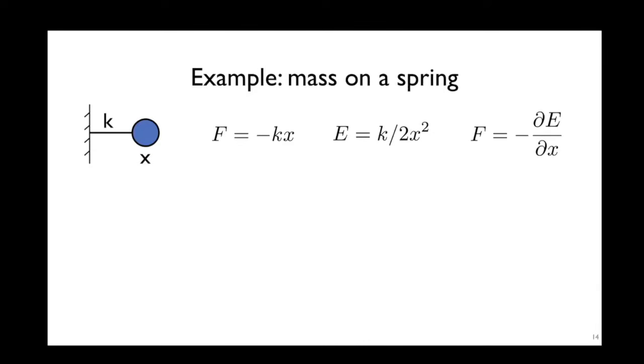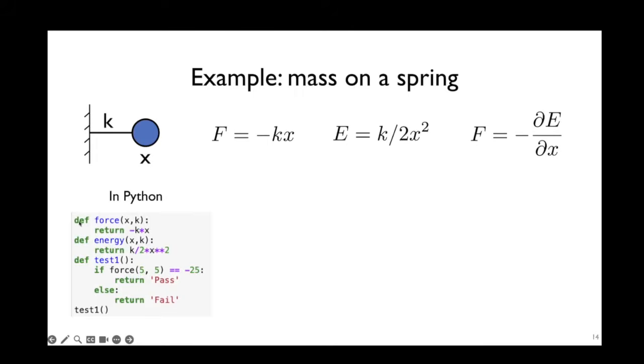So, for example, consider a mass on a spring. The force is going to be negative kx. The energy is k over 2 x squared. And we would say the force and the energy have this derivative relationship. Now, if I was going to define these as functions in Python, I could say force of k, x will return negative kx. Energy of x, k will return k over 2 x squared.